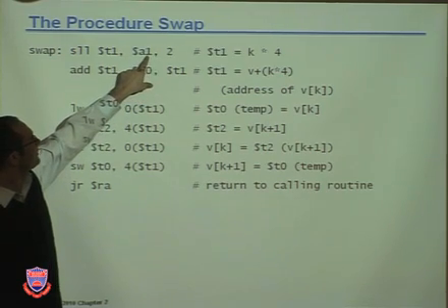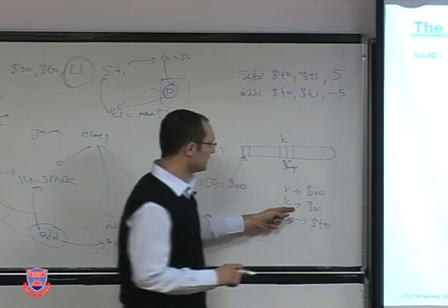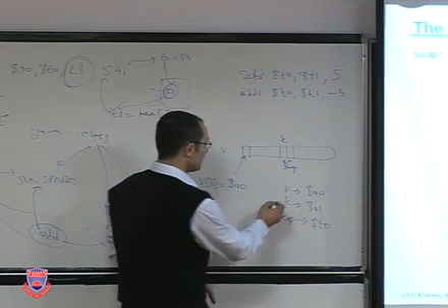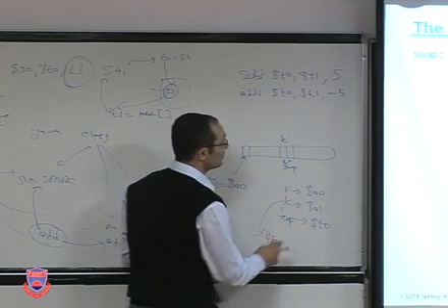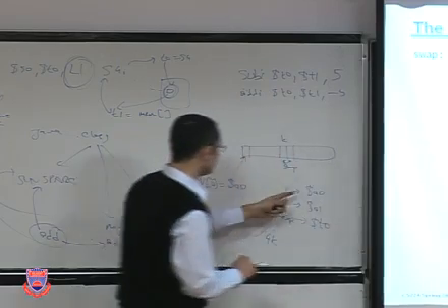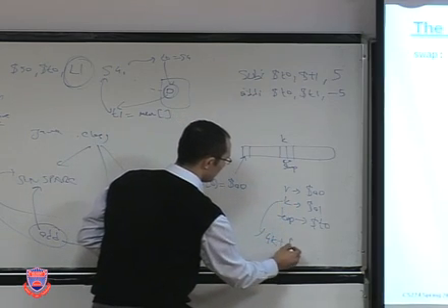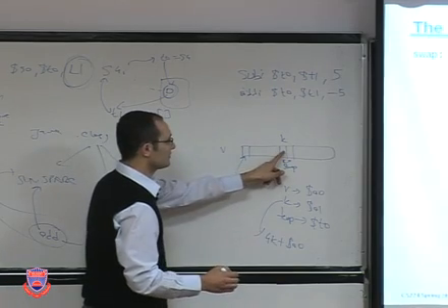You multiply A1, which is k, by 4, so you get 4k. Then you add this to A0, the first argument, which is V, so you add the base address and get to this memory location.